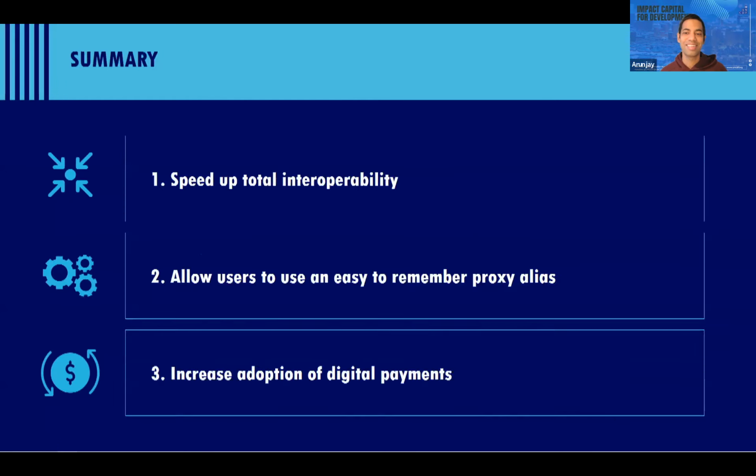So in summary, our goal is to speed up total interoperability, to allow users to use an easy to remember proxy alias, such as a mobile number or email address. And third is to increase adoption of digital payments by reducing that friction. So thank you very much.